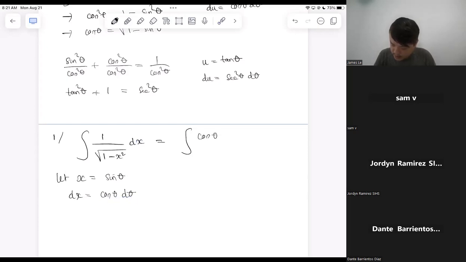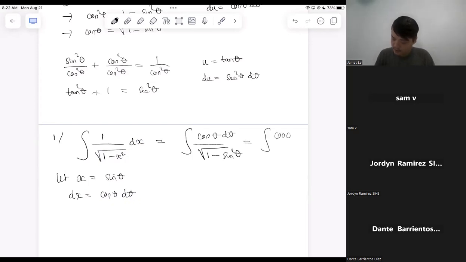So cosine theta d theta over the square root of 1 minus x squared, which becomes 1 minus sine squared theta.